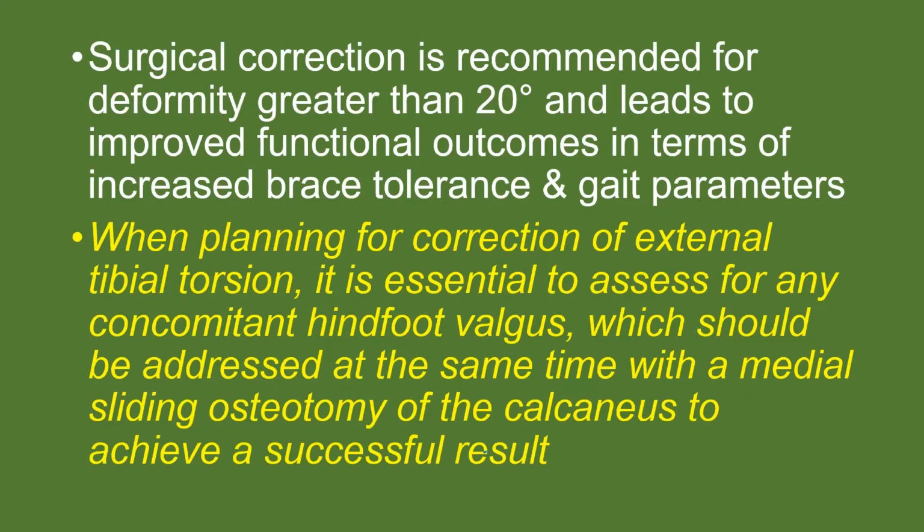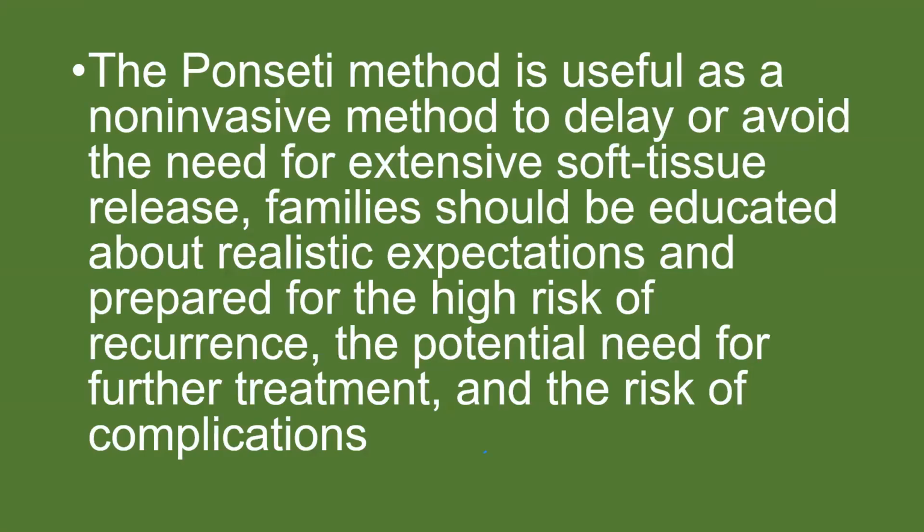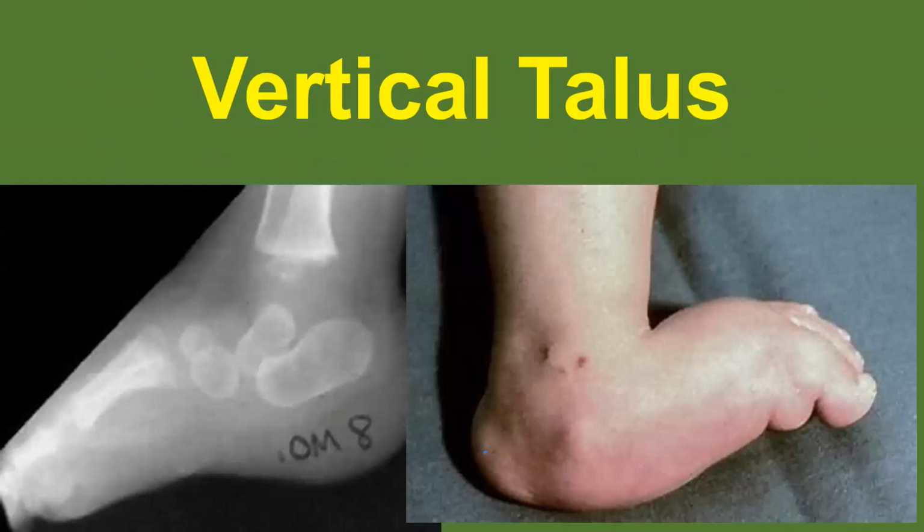I think many of these patients are really difficult to treat in cases of myelomeningocele, especially clubfoot, because the skin is very sensitive and they have a high tendency to recur. You have to continuously follow up these patients throughout life. Okay, they usually have an associated congenital vertical talus that you have to treat.